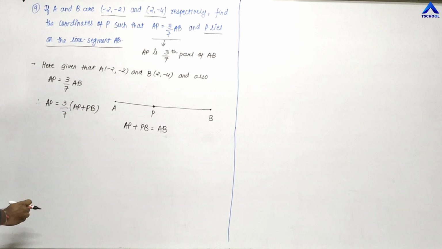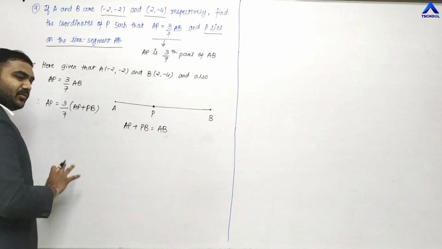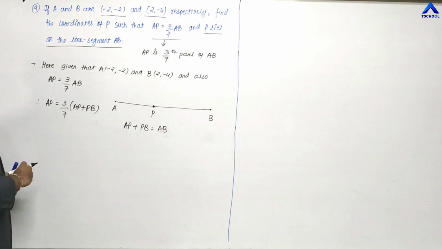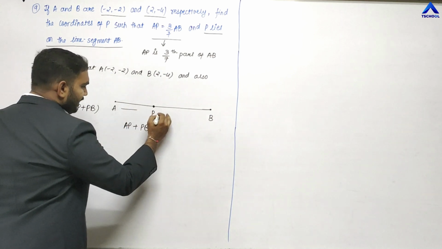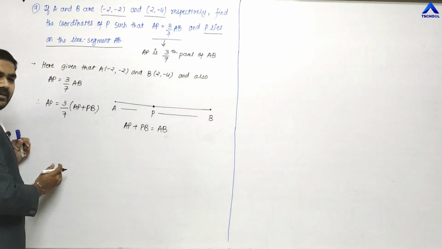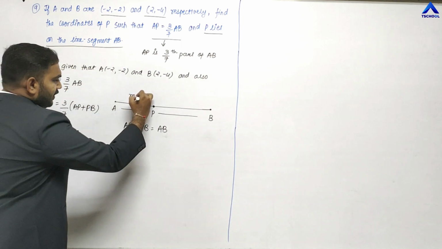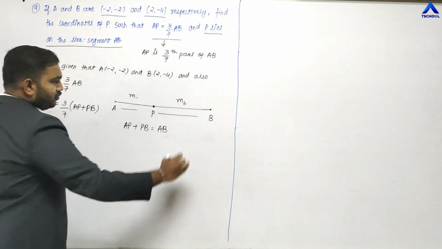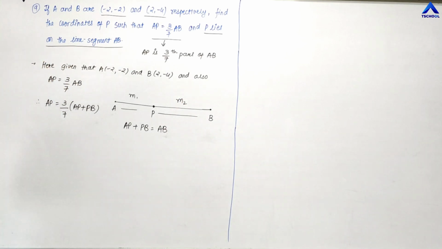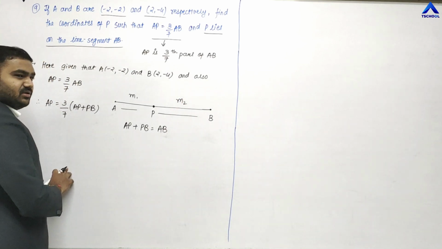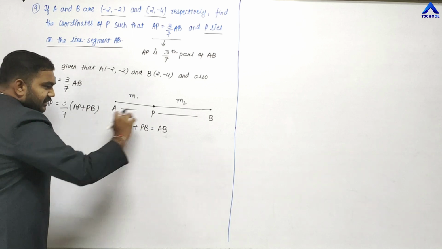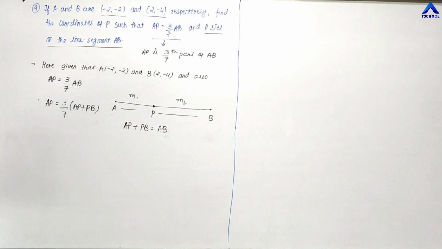What I have done, I am going to find out the ratio of AP is to PB, because we require m1 is to m2 in the section formula. But we are not given m1 is to m2. What we are given is m1 is to total m1 plus m2.